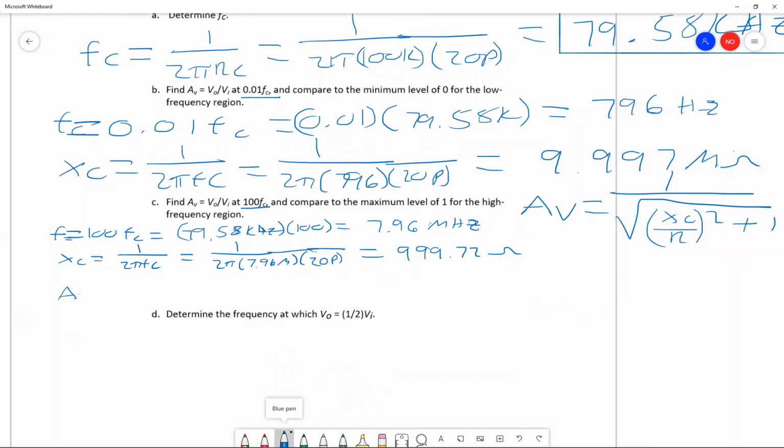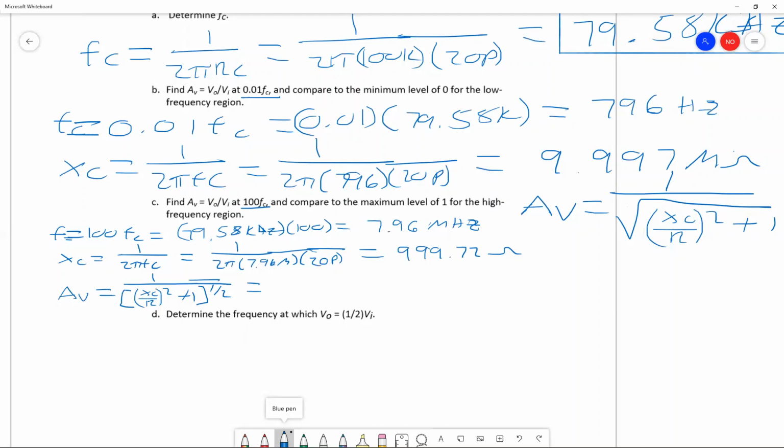So all we have to do is plug it into our AV equation, which is 1 over the square root of XC over R squared plus 1. And that is all square rooted. You can use either the square root symbol or the 1/2 power symbol.